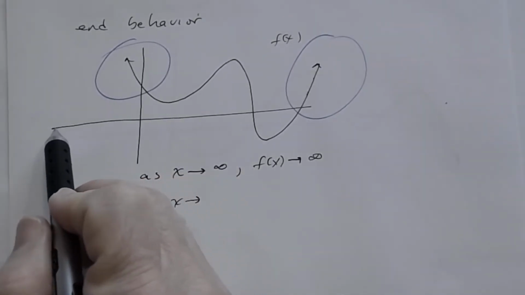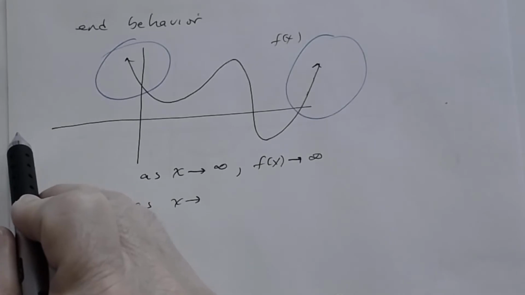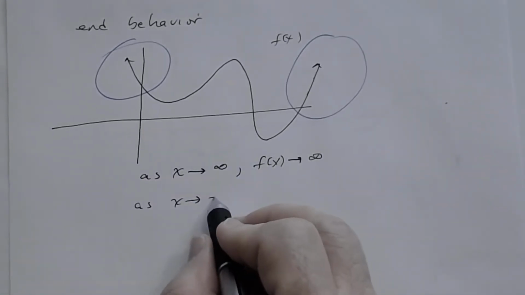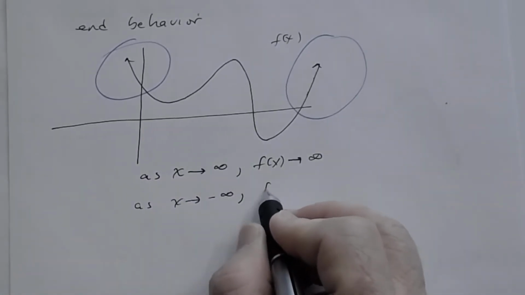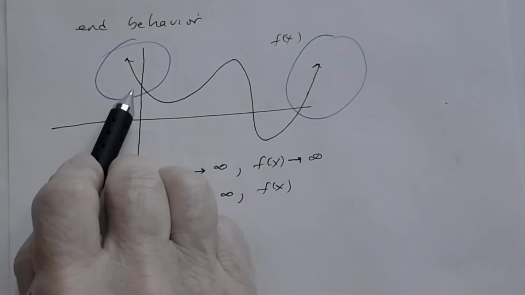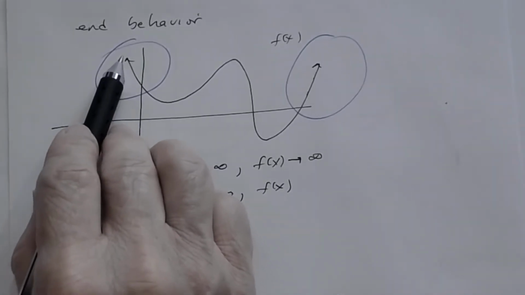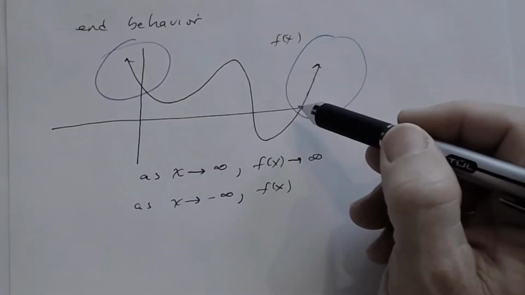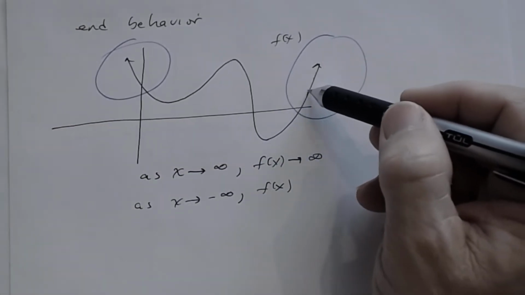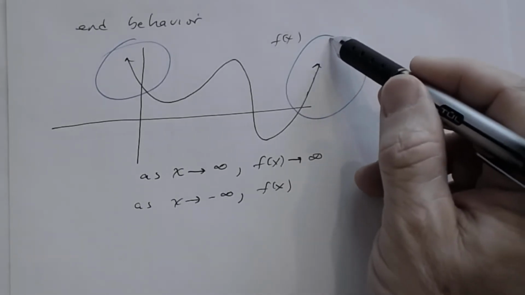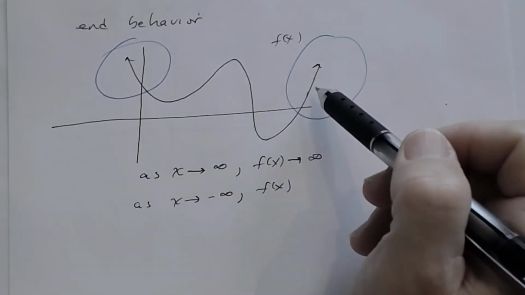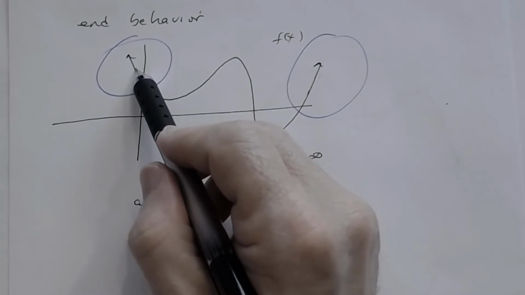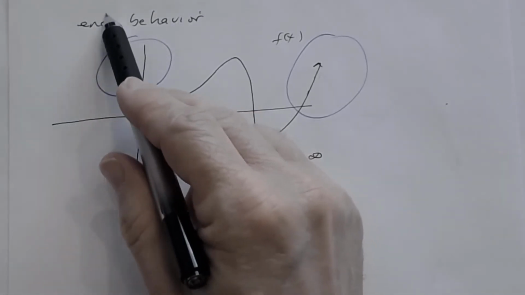As x gets more negative, f of x, my y values, are doing what? My y values are getting more positive also. You see there your arrow is pointing up, and if your arrow is pointing up, that means your y values are getting more positive. They're getting bigger.